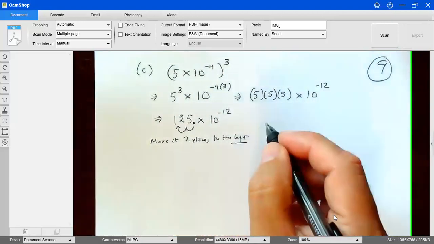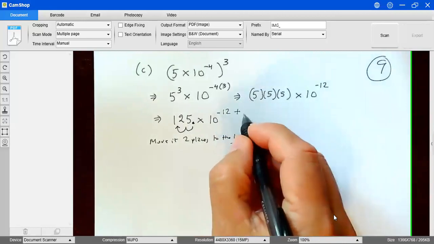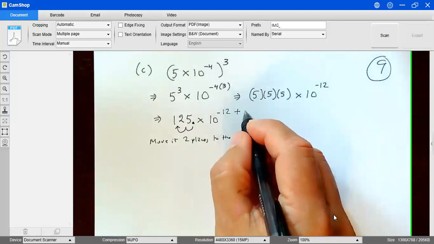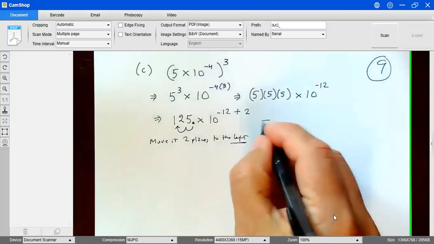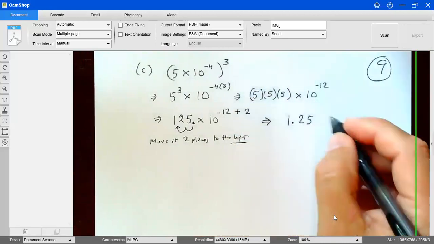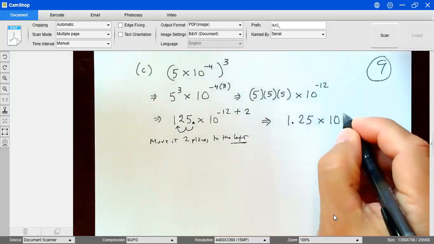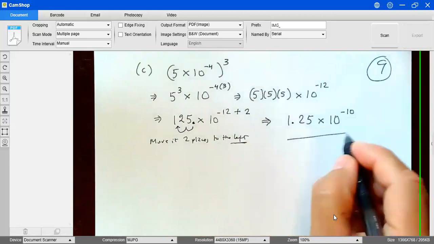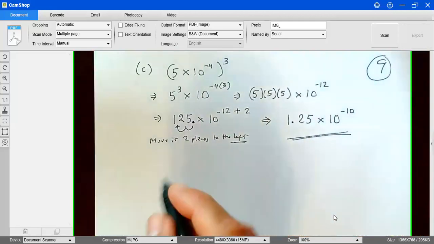And when you move to the left, you're going to need to add, in this case, 2, because you're moving the decimal point 2 places. So you're going to get 1.25. Now the point is in the right position, times 10 to the negative 10. So that's the final answer written in scientific notation.